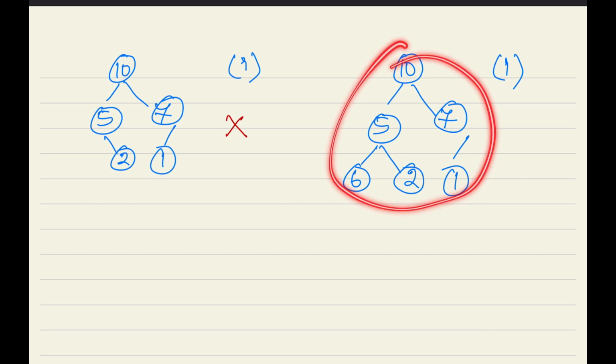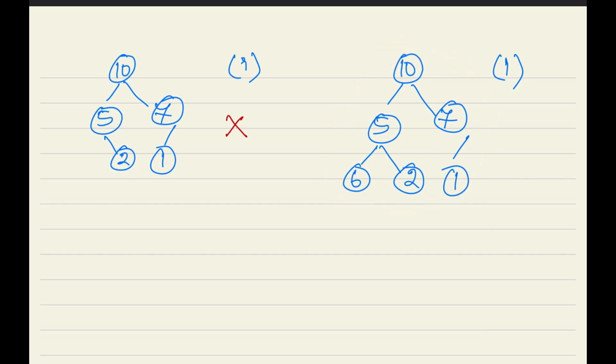The first condition: whether this binary tree is complete or not. Yes, it is complete. Then the second condition: whether the value of the parent is greater than its children. 10 is greater than its left child 5 and right child 7, so it is okay. For 5, the children are 6 and 2. 5 is less than its left child 6, so the second condition is not satisfied. So, we can say it is not a heap.